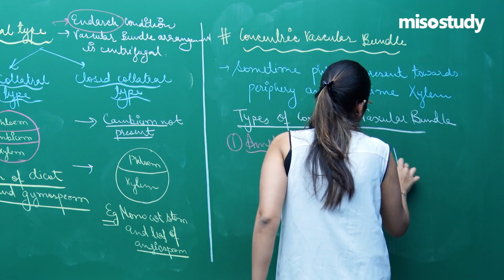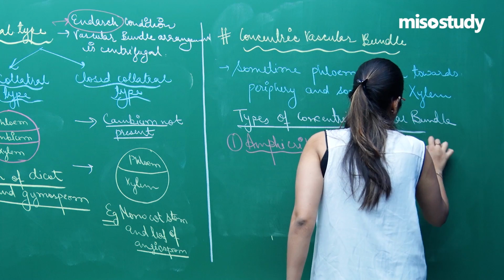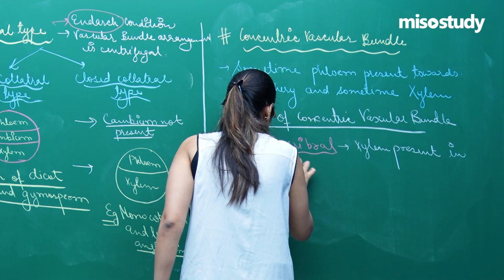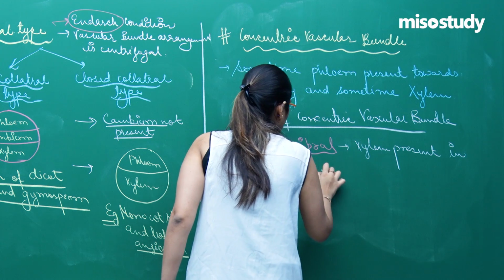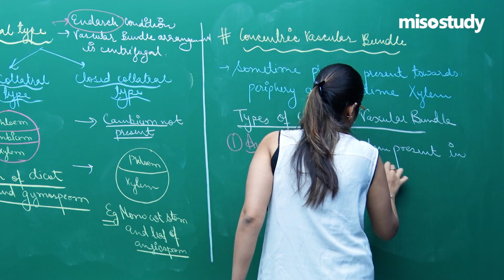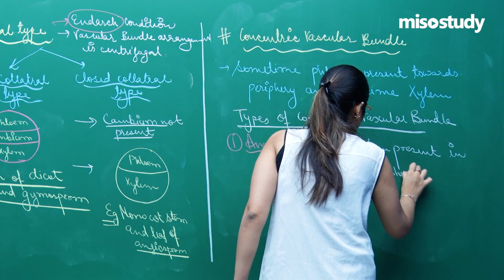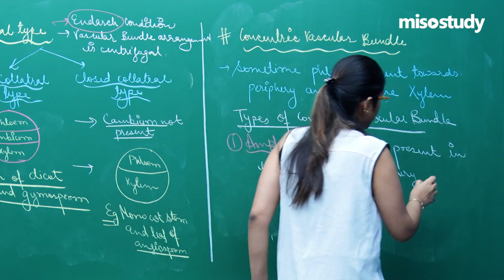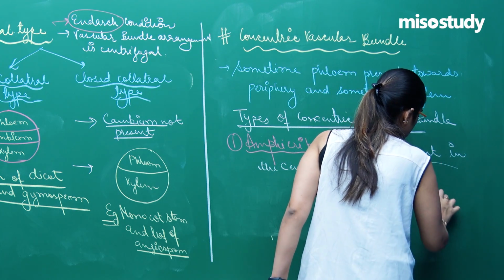Xylem present in the center and phloem in periphery. Now let's look at the condition, how they are present.